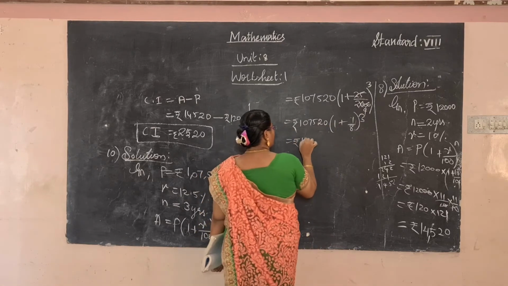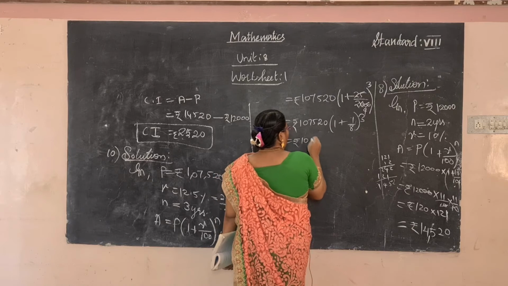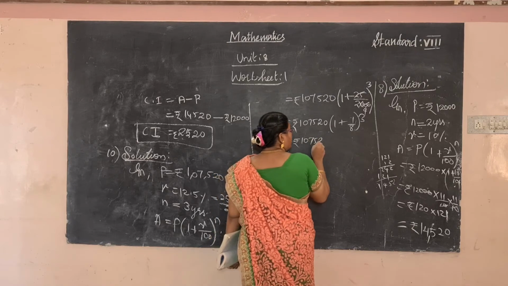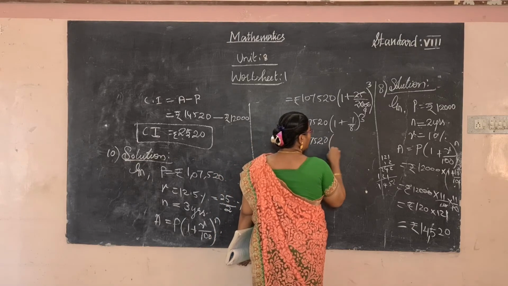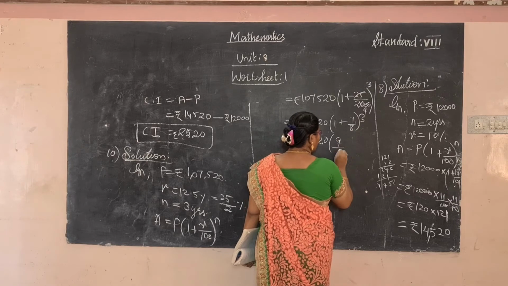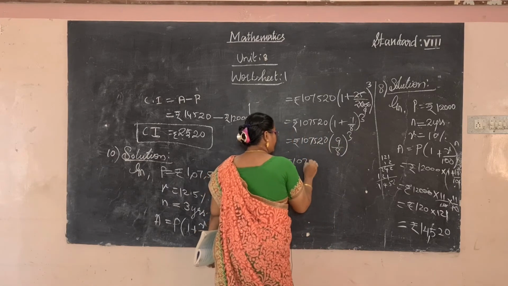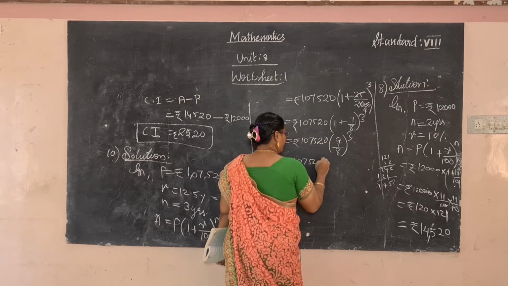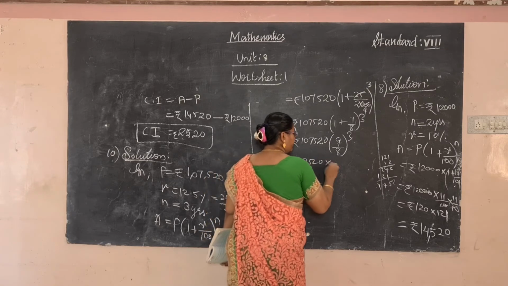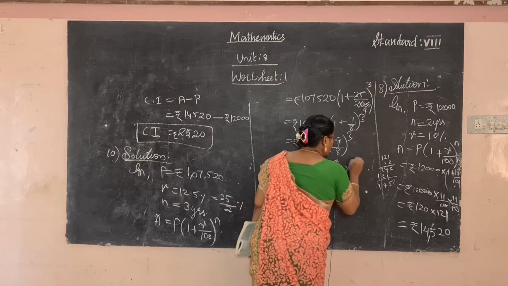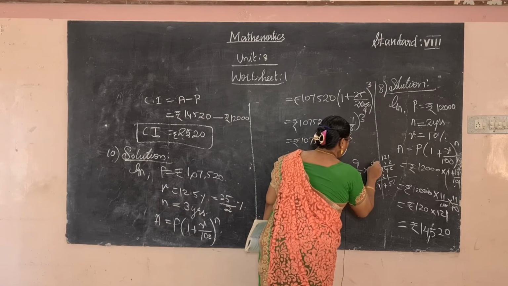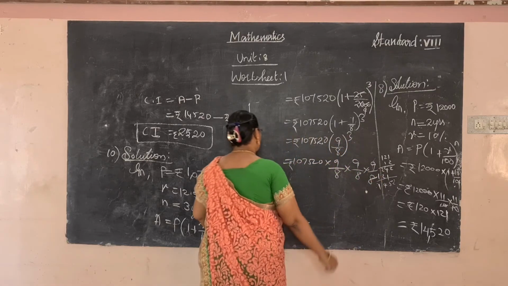Okay, rupees 1,07,520 into 9 by 8, the whole power 3. Okay, 9 by 8 into 9 by 8.